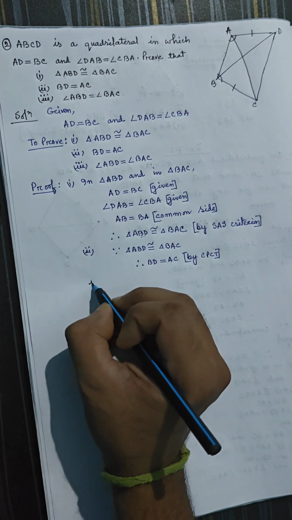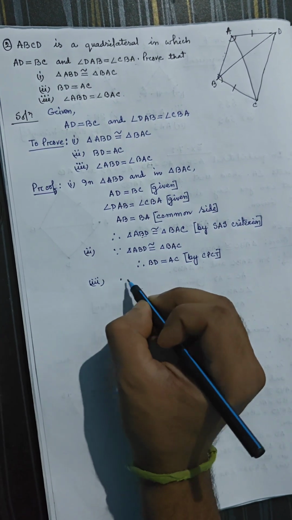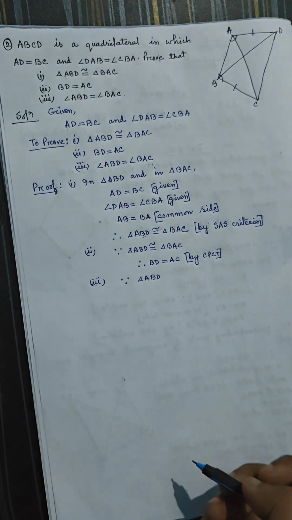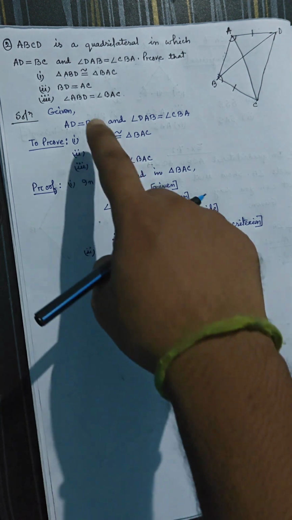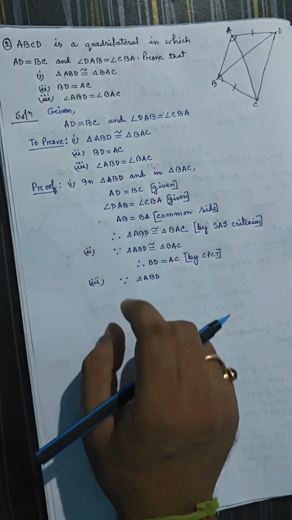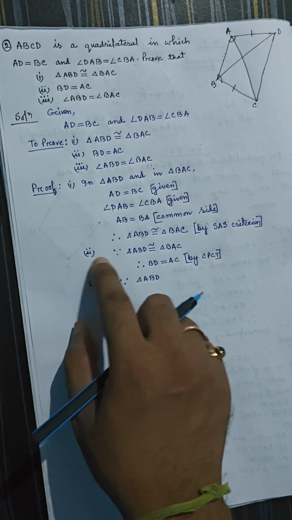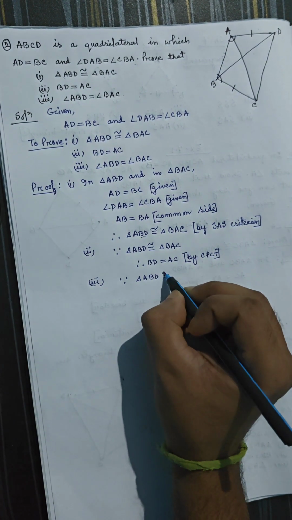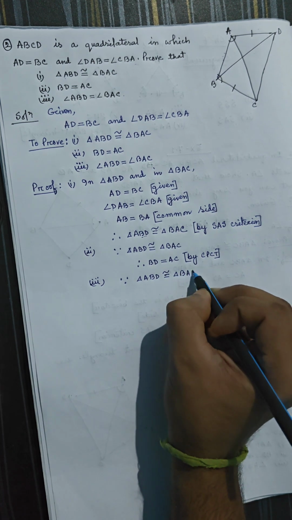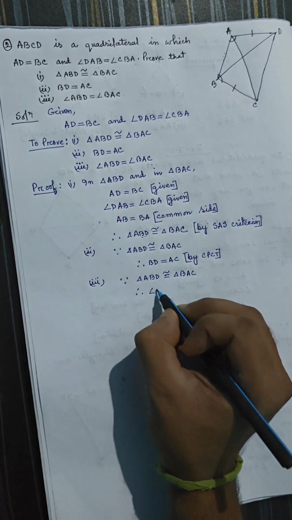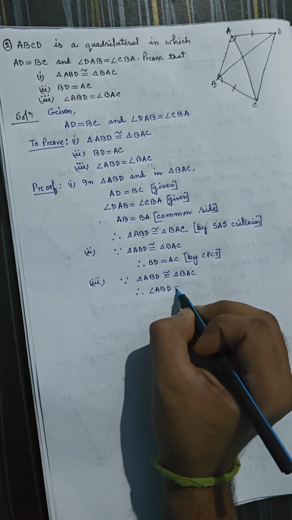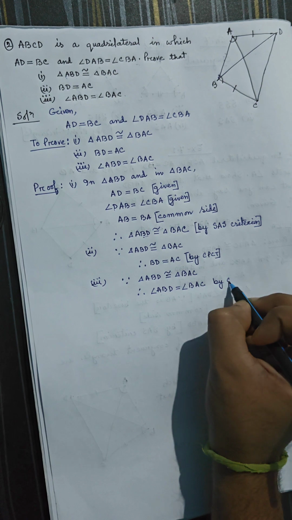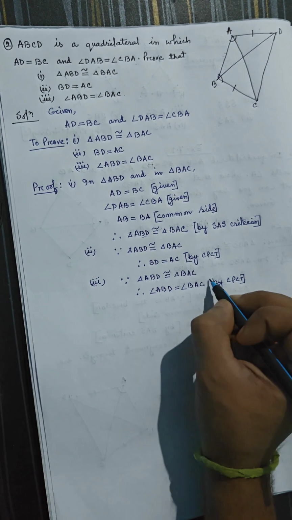So again you will have to write, since triangle ABD congruent triangle BAC, you can also write angle ABD is equal to angle BAC by CPCT. We are writing this again and again because two different questions are given, Roman 2, Roman 3. Here also we'll write by CPCT.